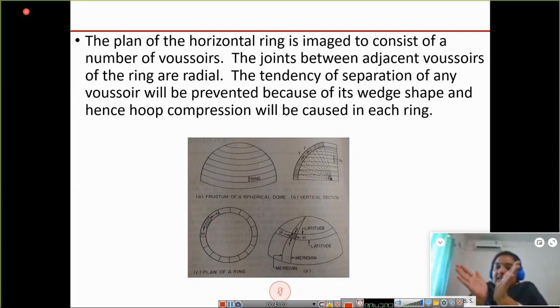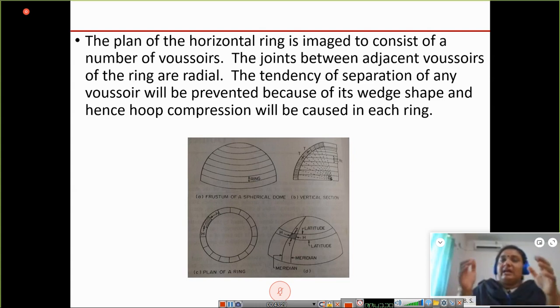Here the top diameter is more, the bottom diameter is less, and because of that the radial nature is coming. It's just like a wedge, right? So because of this wedge shape, the tendency of the Voussoirs to separate will be prevented.